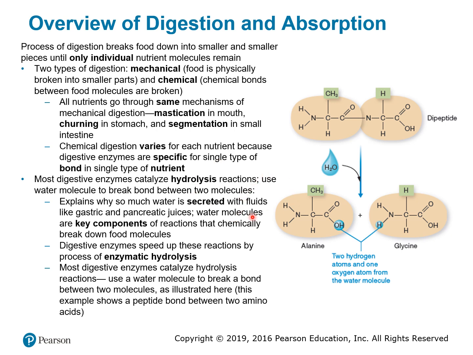That's why you need so much water in digestion, because you need a water molecule to break big molecules into smaller ones, like this example here. Now, digestive enzymes are going to speed up the reactions of breaking down these molecules. This is called enzymatic hydrolysis, where enzymes use water to break down these molecules into smaller ones.